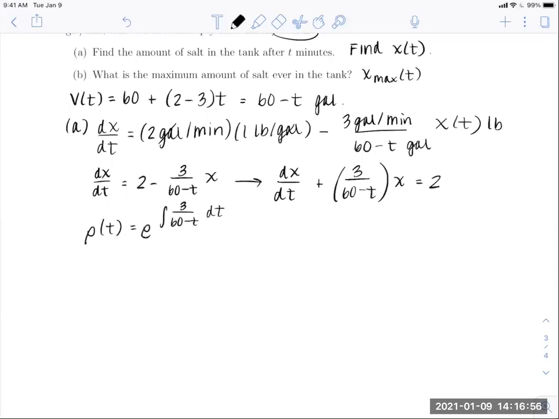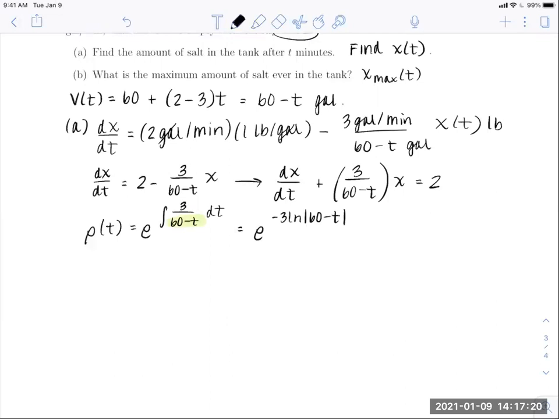Just note here that you may want to do a u substitution for that denominator to recognize that it's going to pop out a negative sign. So this is going to give me e to the negative 3 natural log of 60 minus t.